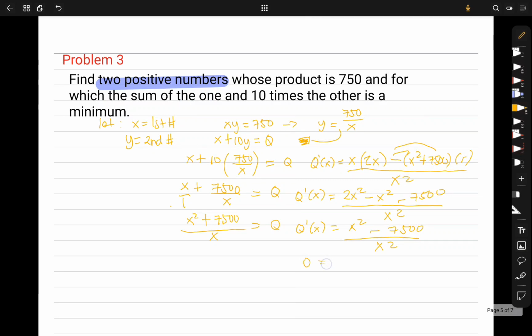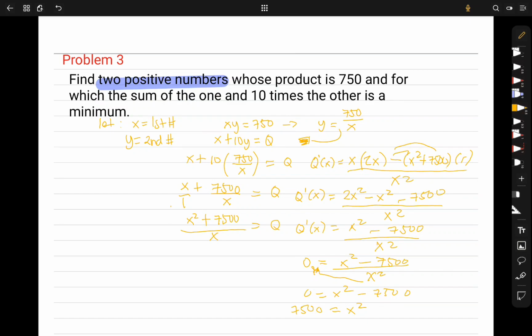Equate it to 0. So this x squared, of course, we just cross multiply. So it becomes 0 is equal to x squared minus 7,500. Then we move 7,500 to the left side. 7,500 is equal to x squared.